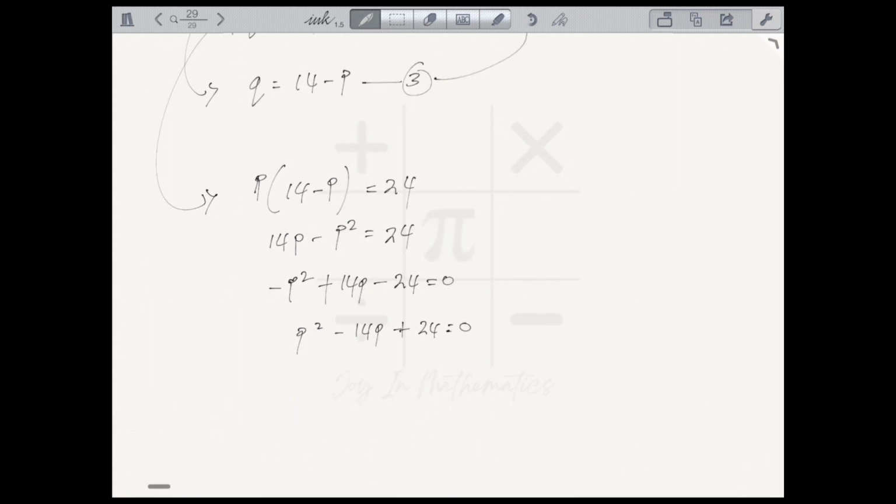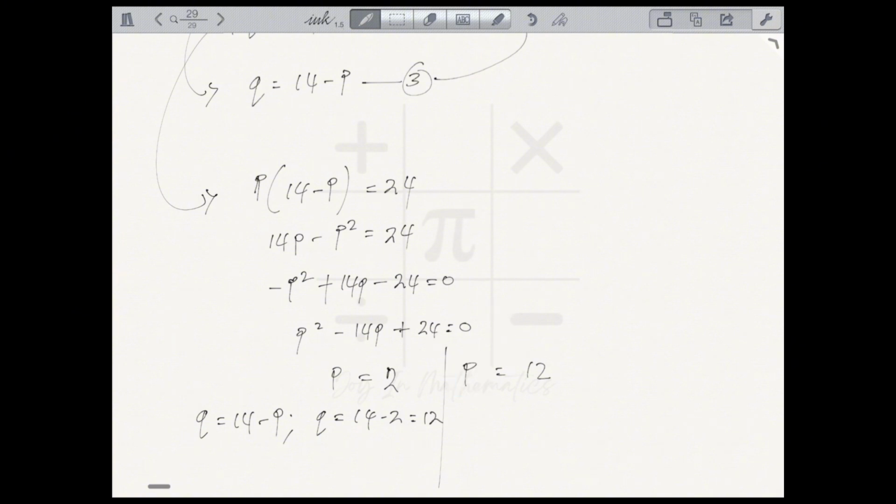So with that done, we have two values of p. p is equal to 2 and p is also equal to 12. Now we recall again from equation 3 that q is equal to 14 minus p. Therefore, if p is equal to 2, our q will be 14 minus 2, which is 12.